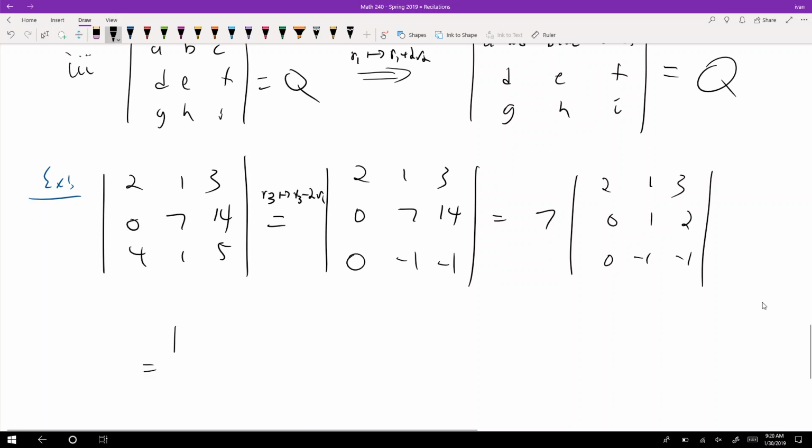And then lastly, I'm going to replace row 3 with row 3 plus row 2. So this is going to be 7, don't drop the scalar out in front, 2, 1, 3, 0, 1, 2, and then 0. Negative 1 plus 1 is 0. Negative 1 plus 2 is 1.